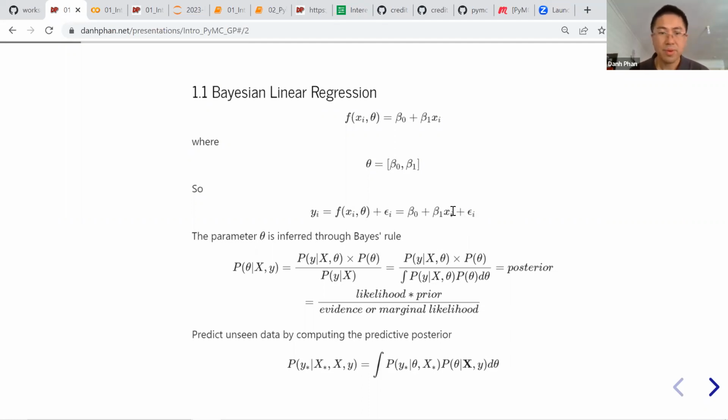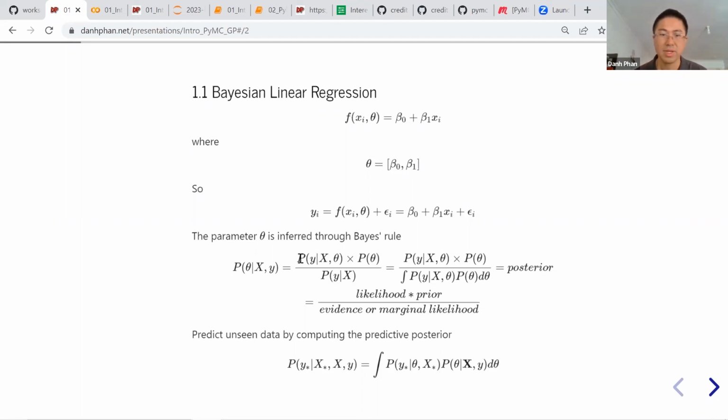We learned through Bayes' rule how to calculate the posterior: the posterior of theta given x and y is equal to the probability of y given x and theta, multiplied by the prior of theta, divided by the probability of y given x. The prior is our assumption about the parameter theta before we see the data.